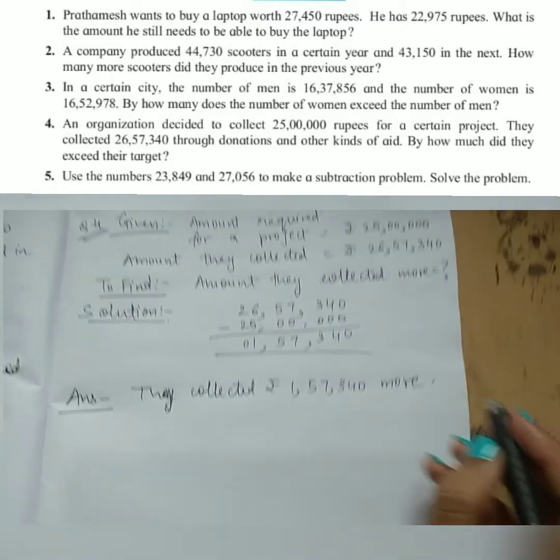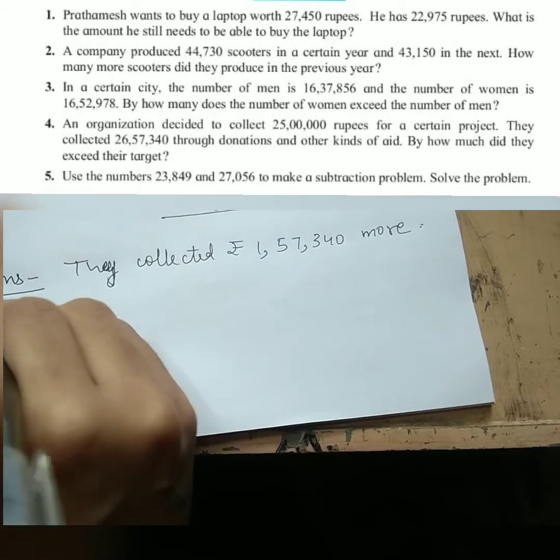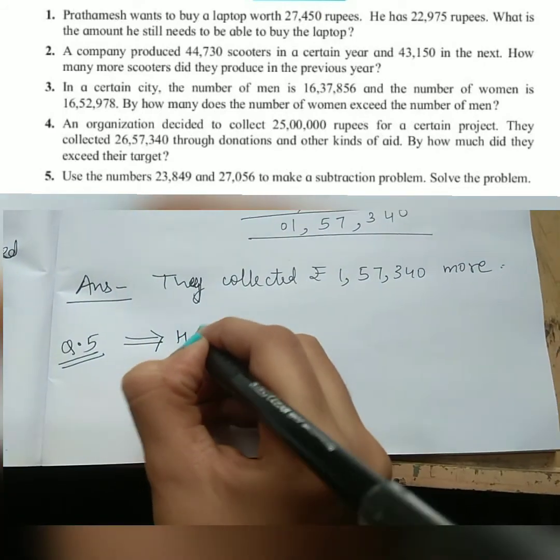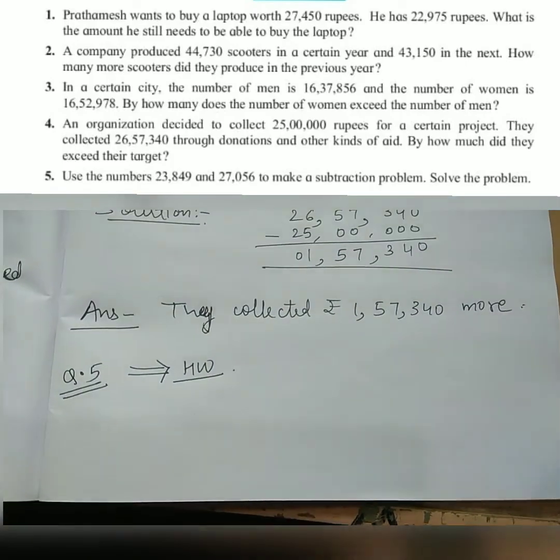Now sum number 5 is for homework. Now homework sum question number 5 says, use the numbers 23,849 and 27,056 to make a subtraction problem. Solve the problem.